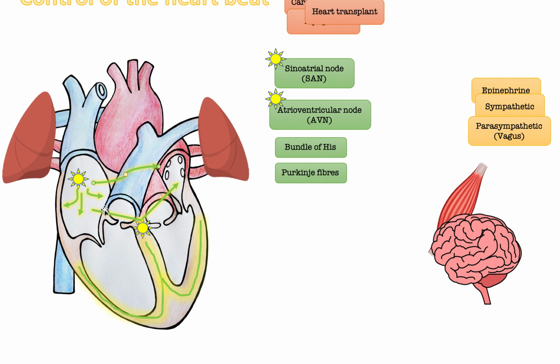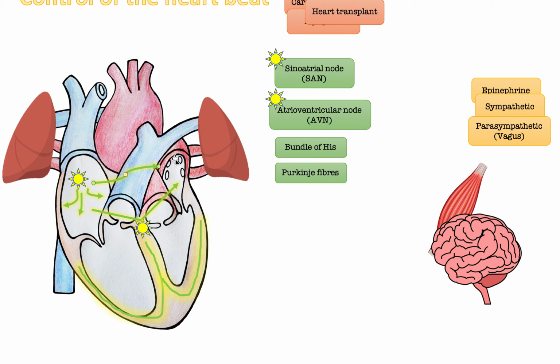So as it travels to the atriums, this one takes that signal and slows it down so it doesn't travel so fast down here. Then a split second later, this one will send out the signal and the ventricles will contract.